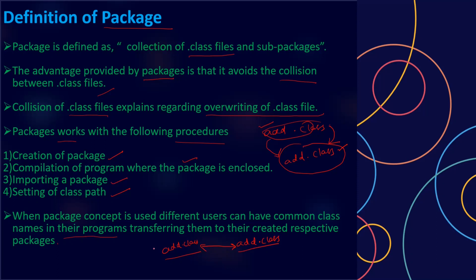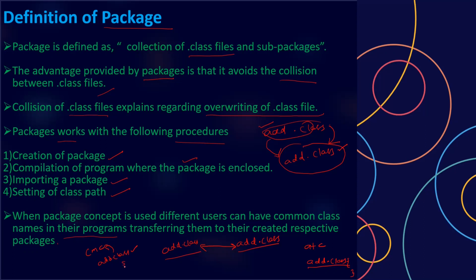So instead of colliding, what I can do is create a package. I can create my package by the name CMC, let us suppose. In this package, I can create my add.class file. This add.class file is restricted to my package. One more person is going to create a package called ATC. In this, he is going to create one more class of his own, that is an add.class file, and is going to implement his own code.